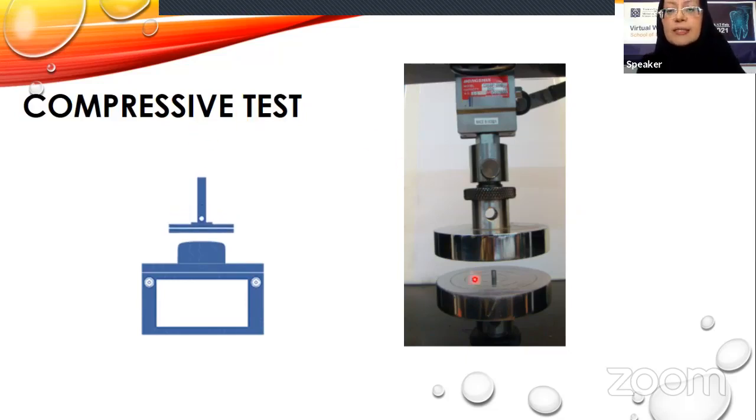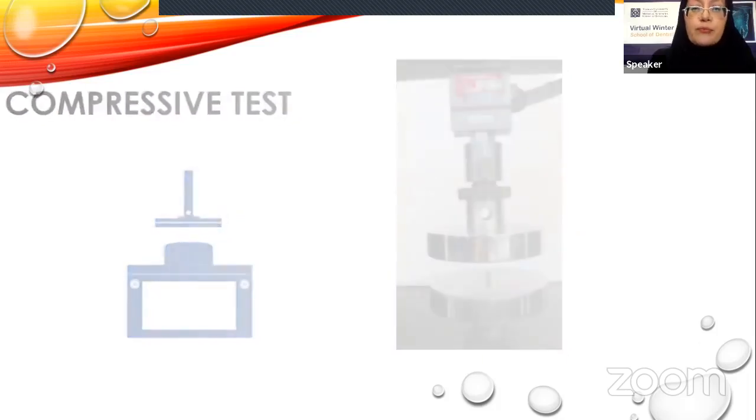Here you can see an amalgam material that we prepared according to ISO specification. We apply a plate downward on the surface of the samples, and in this way we can measure the compressive strength of the material.